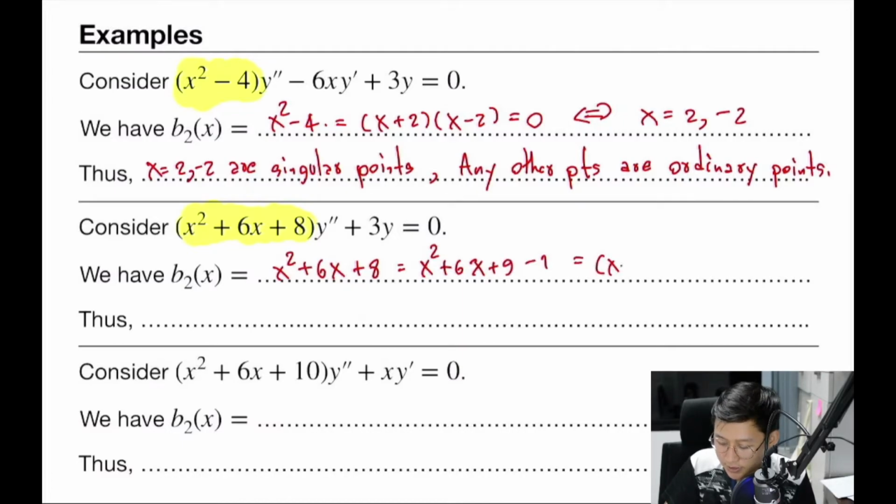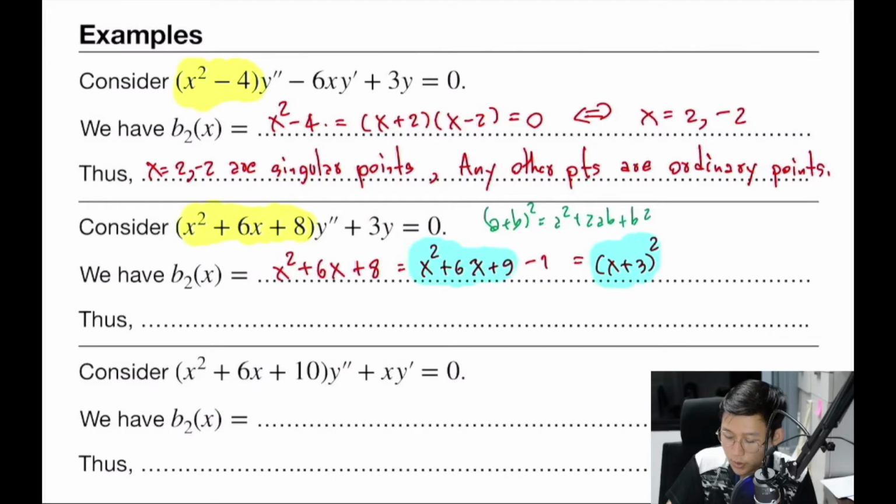And that is x plus 3 squared, right? x squared plus 6x plus 9 is actually x plus 3 squared from this formula, a plus b squared is a squared plus 2ab plus b squared, right? Using this formula. And then here it's minus 1, and that is 1 squared, right? So you use the formula again.